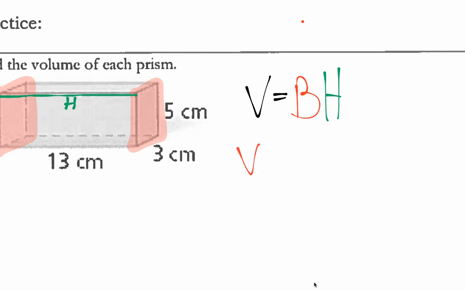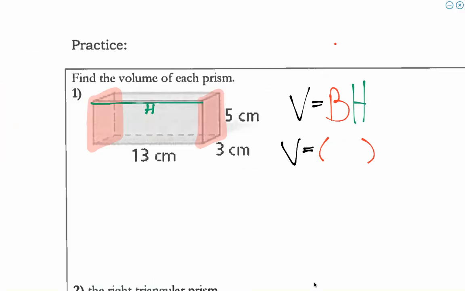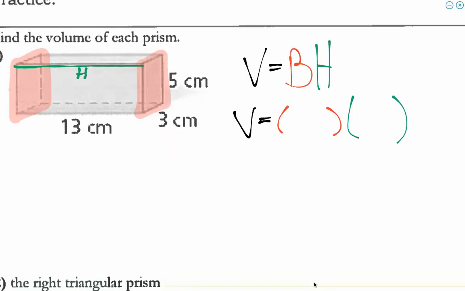So volume equals, I'm just going to take out my red capital B and my green capital H, and I'm just going to put parentheses and allow me to write things in place of those. So we know H is 13. So what is B going to calculate to be?